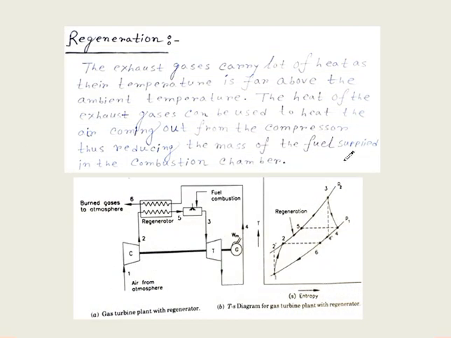Regeneration. This is gas turbine plant with regenerator and corresponding temperature versus entropy curve for gas turbine plant with regenerator. The exhaust gases carry a lot of heat as their temperature is far above the ambient temperature. The heat of the exhaust gases can be used to heat the air coming out from the compressor, thus reducing the mass of the fuel supplied in the combustion chamber.